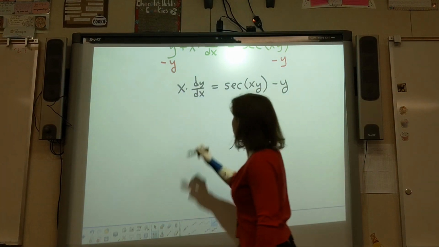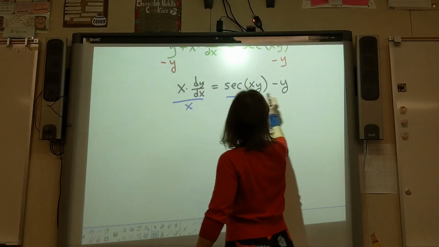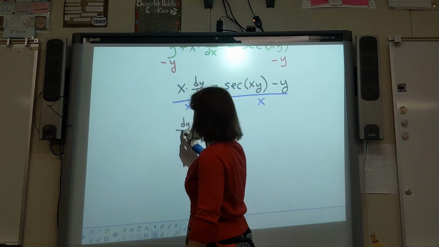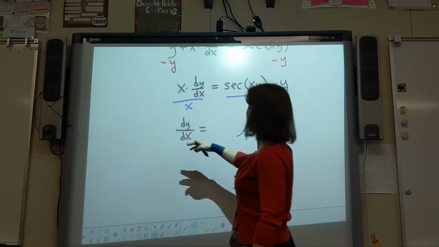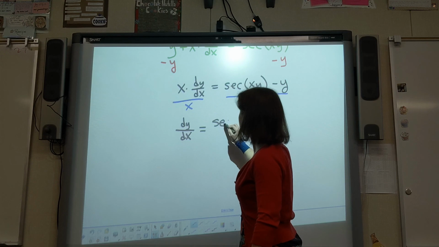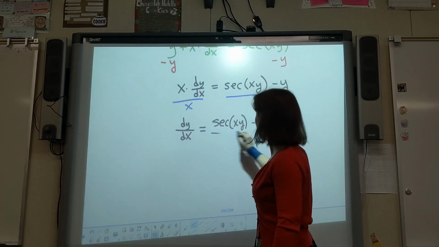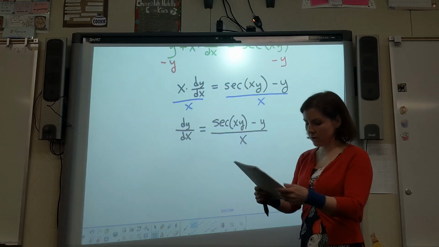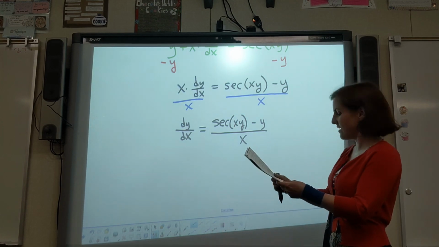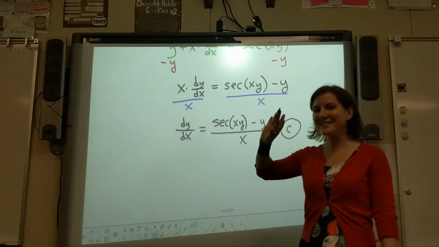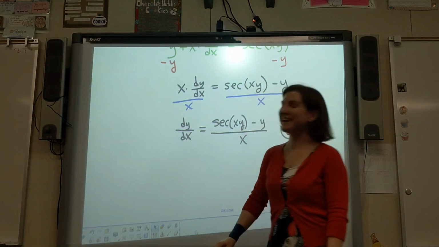Okay, let's divide by x. dy/dx, that's the derivative of y with respect to x, is the secant of x times y minus y, all over x. Oh, cross some fingers here. Oh, yes! Option C. Didn't even have to move it around. Feeling good. Feeling good. Okay.